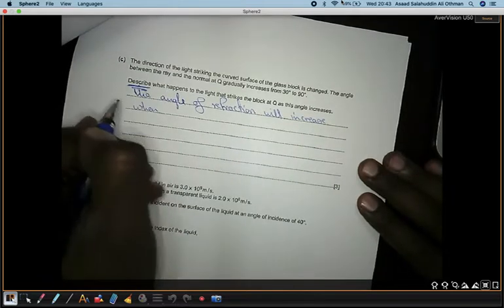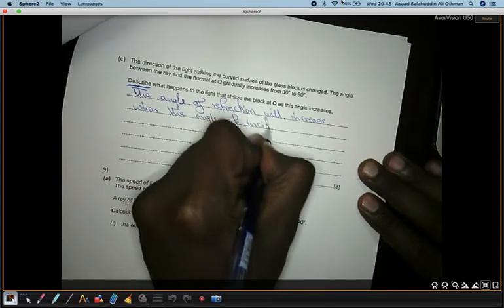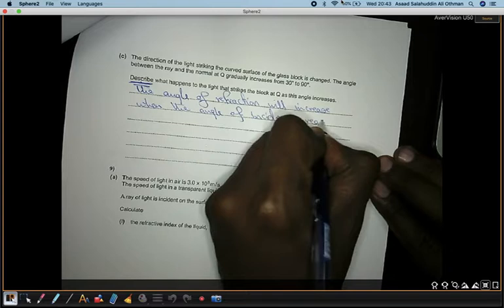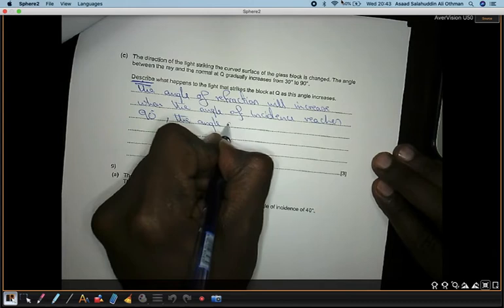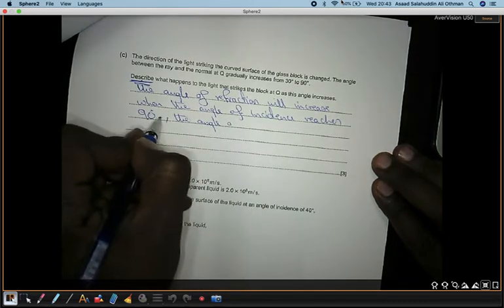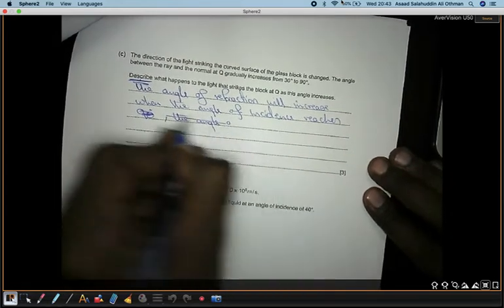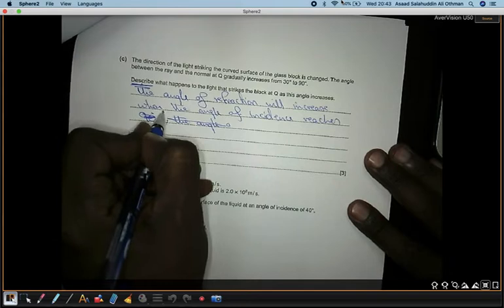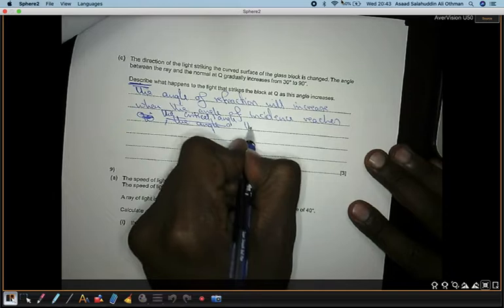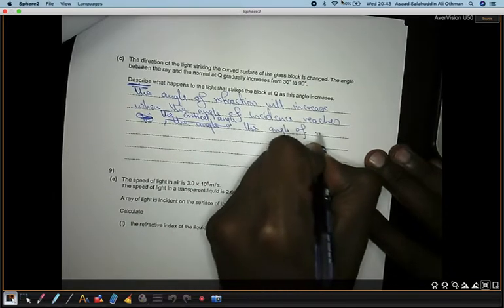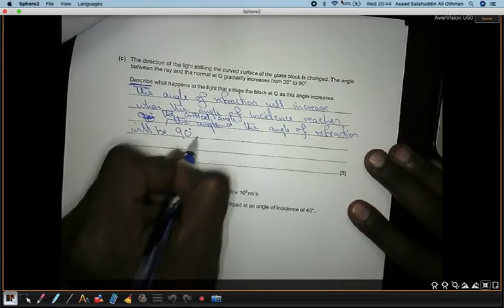When the angle of incidence reaches the critical angle, the angle of refraction will be 90 degrees.